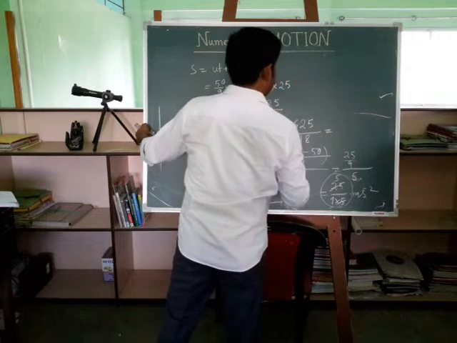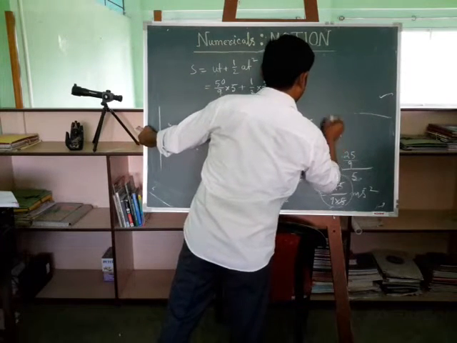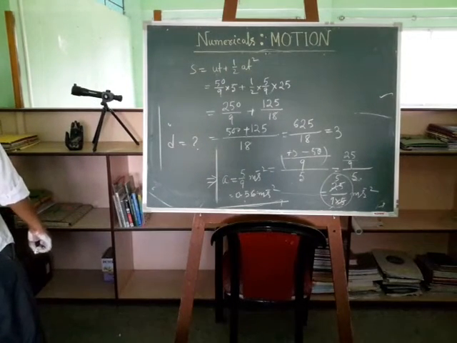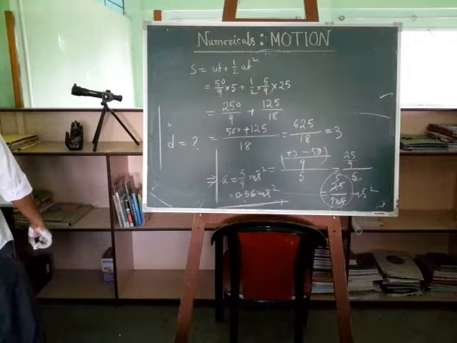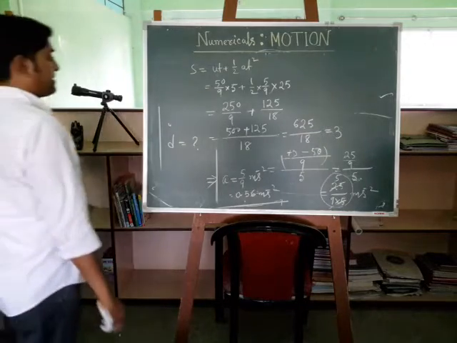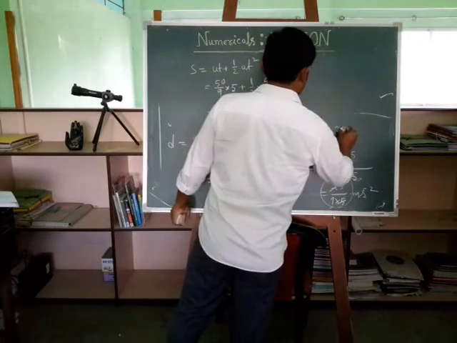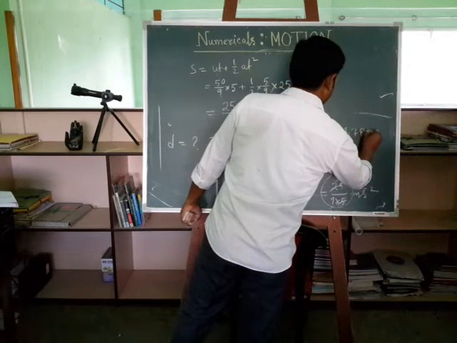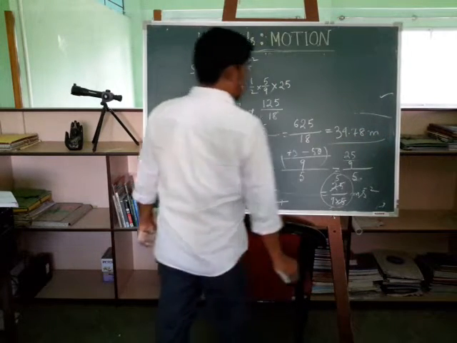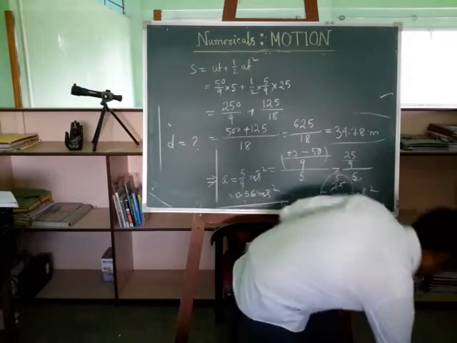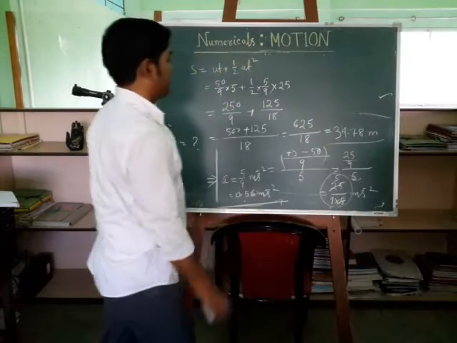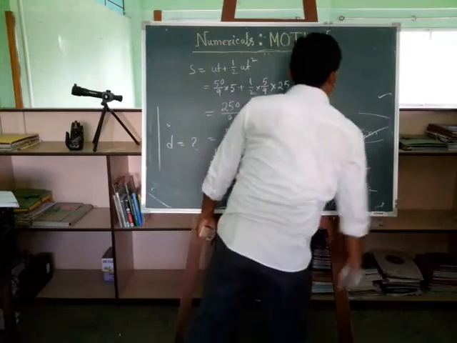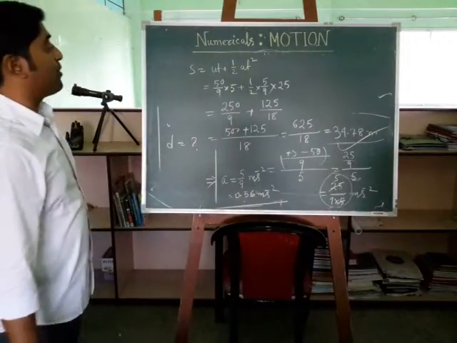How much that will be? Let us see. That will be 34.78 meter. Let us roughly check if that is correct or not. Yes. So the distance covered is 34.78 meter.